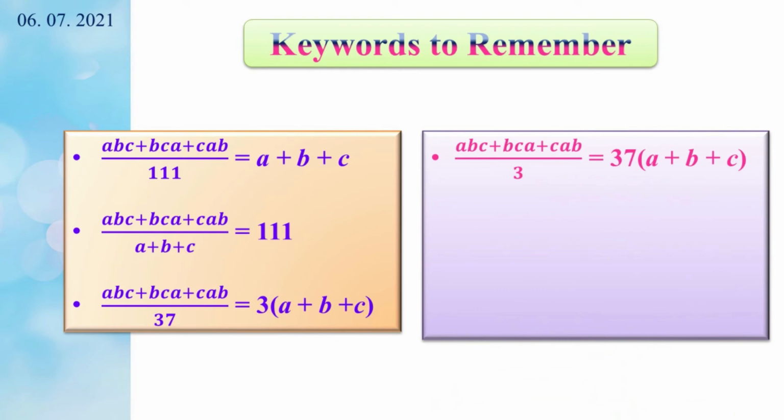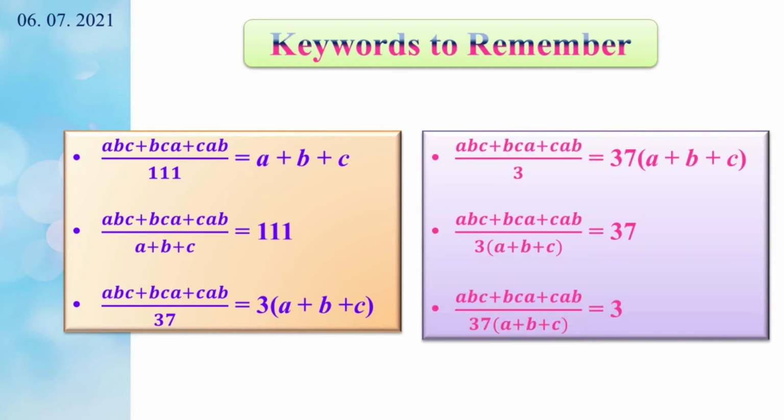(ABC + BCA + CAB) divided by 3 is equal to 37 into (A + B + C). (ABC + BCA + CAB) divided by 3 into (A + B + C) equals 37. Next, (ABC + BCA + CAB) divided by 37 into (A + B + C) equals 3.